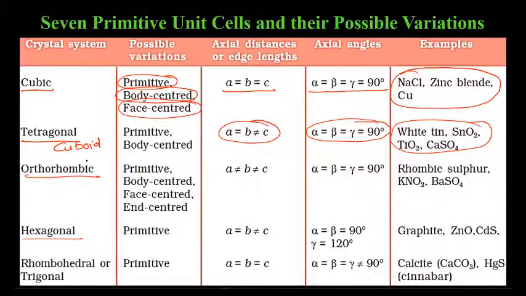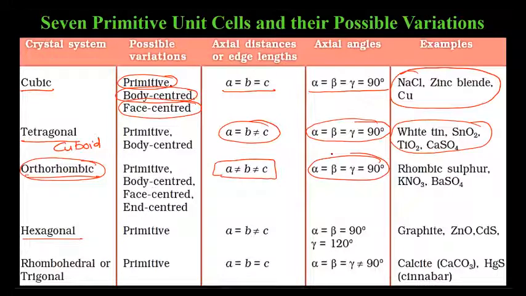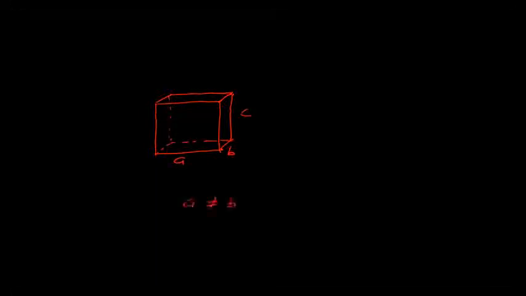Then orthorhombic. In orthorhombic, neither of the sides is equal. It is again a cuboid because all the angles are 90 degrees. Remember, it is again a cuboid. But in this case, this cuboid is like this. So a, b, c. a is not equal to b, not equal to c.